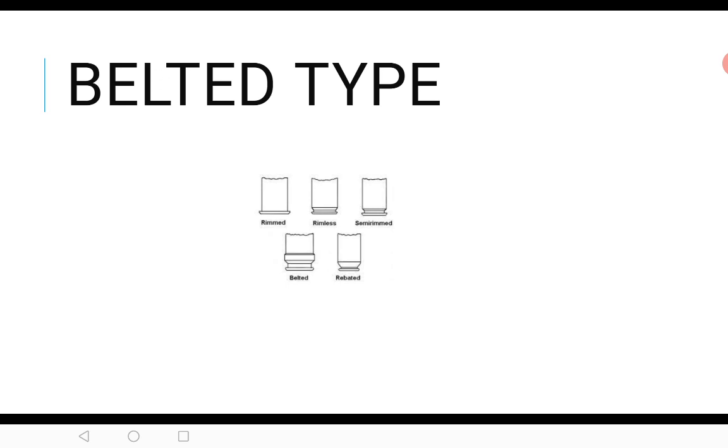Okay, so when we say belted type, those where there is a protruding metal. Okay, yan yung pinaka-kakaiba sa lahat ng cartridge case, no? There is a protruding metal around the body.